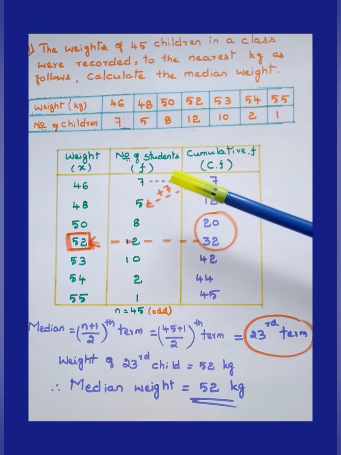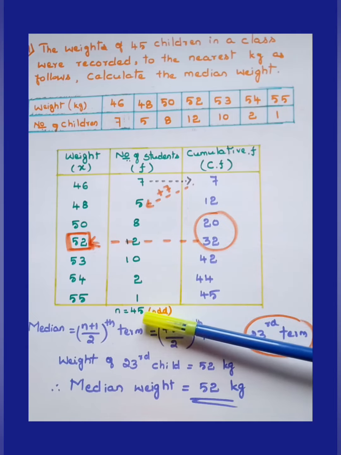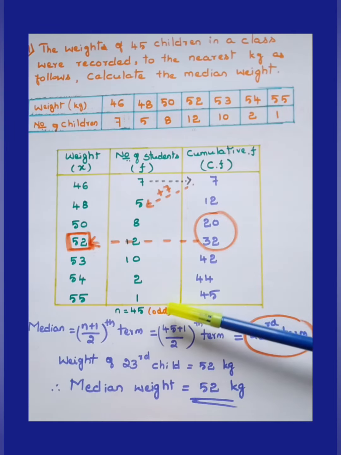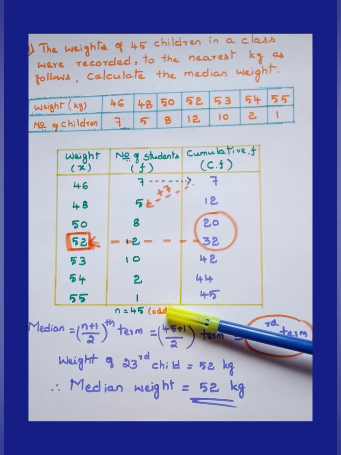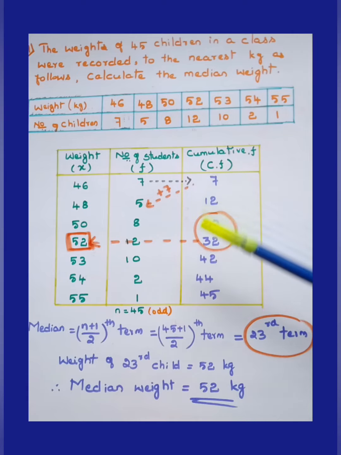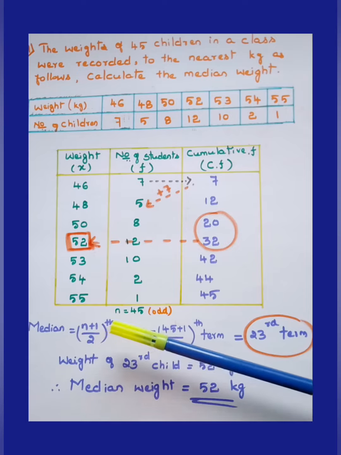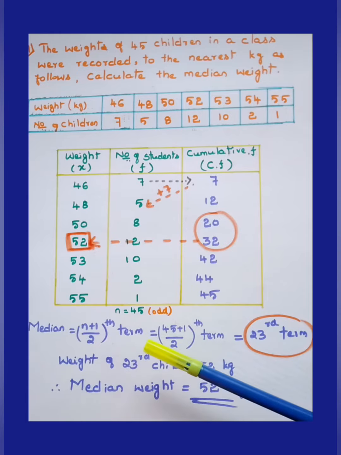Easy only. Then the number of students, that is the f value, if you add all this, gives us the n value, where n is an odd number. We know if it is odd, the formula to be used in the case of median. So why do we require this cumulative frequency? I'll tell you now. Median is equal to the (n plus 1) by 2th term.